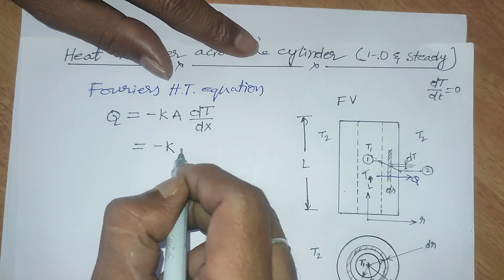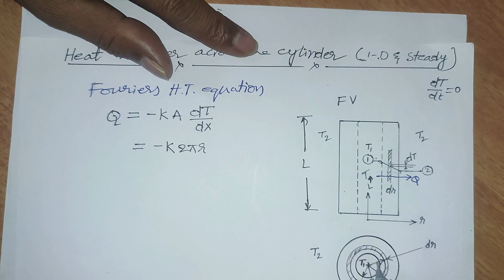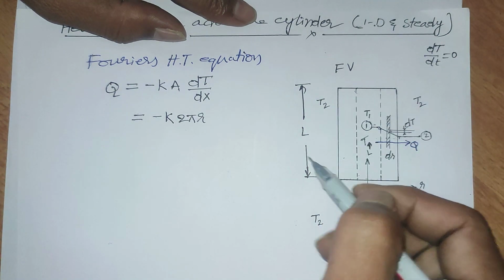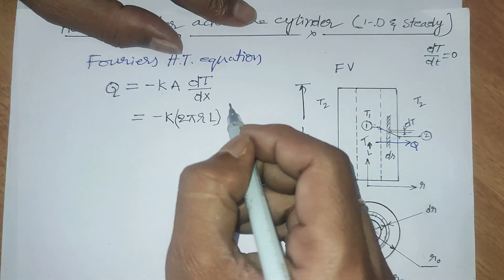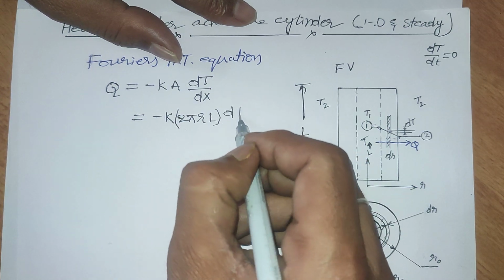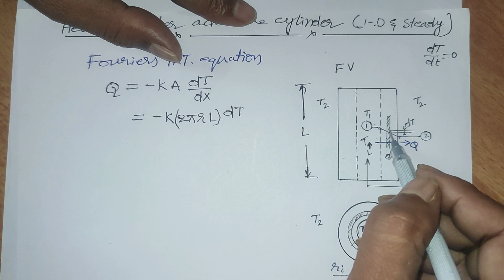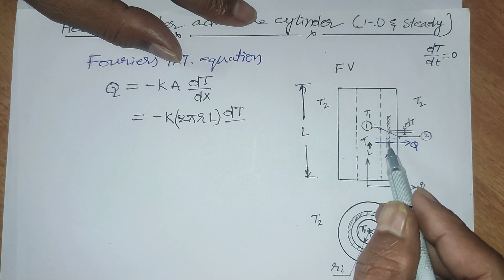So the area of heat transfer is 2 pi r, the peripheral length. This is the peripheral length from here to here. Then how much depth? That is L depth, into L. This is the area into dt, temperature change. So this is the temperature change dt here to here for the small strip, divided by this r. How much length?